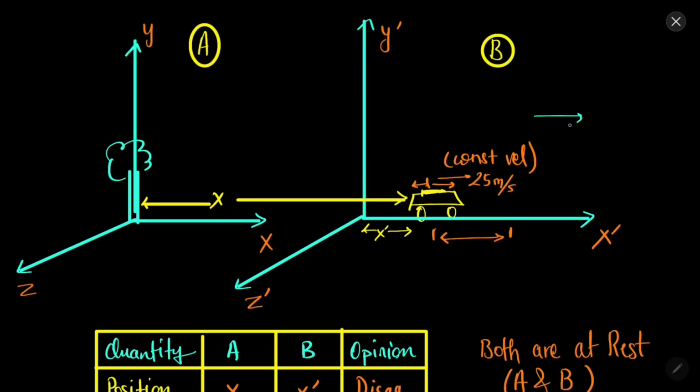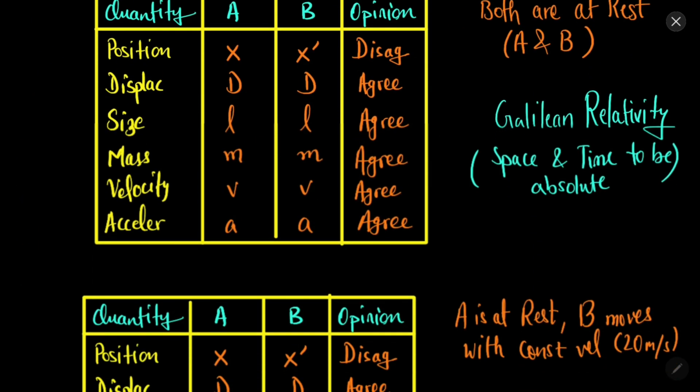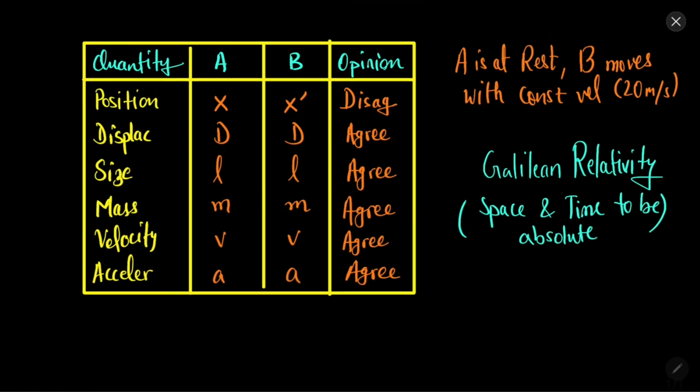Why? Because the frame is moving with 20 and the car is moving with 25, so the relative velocity will be 5. So they will not be agreeing on the velocity of the car. Let's say the velocity will be v and v dash, and they will disagree.